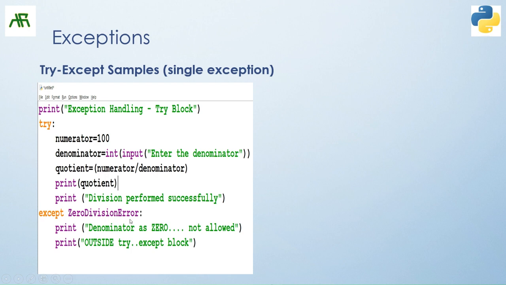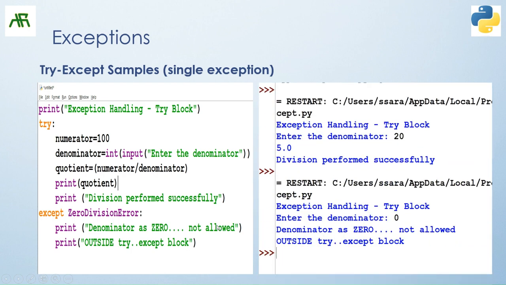So in case of ZeroDivisionError, print denominator is 0, not allowed, and print outside the try except block. If it's a proper division, it's going to say division performed successfully. Except in the case of ZeroDivisionError, it's going to say denominator is 0, not allowed. This is how the result appears when this code block is executed.